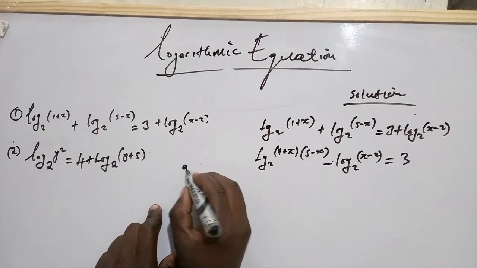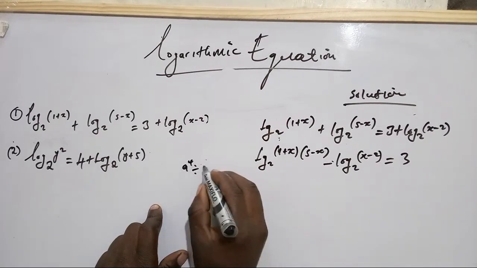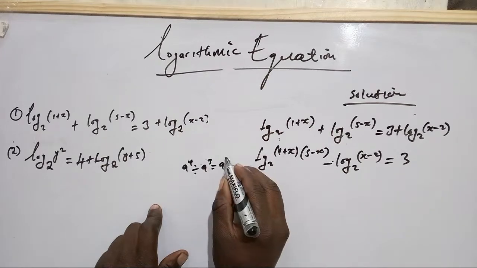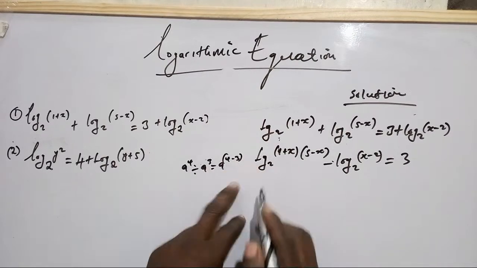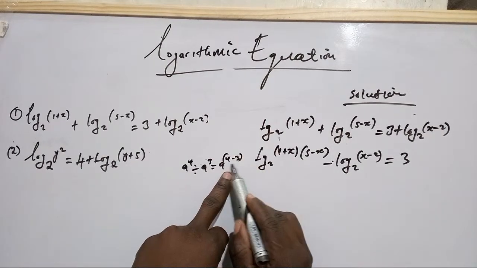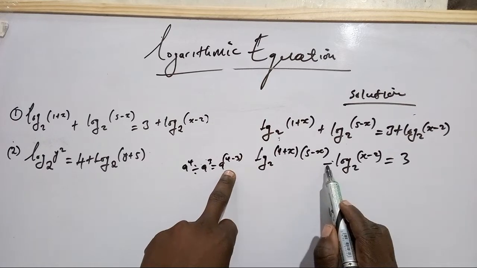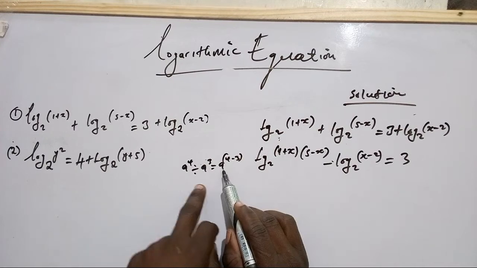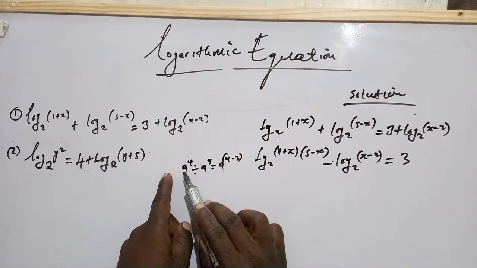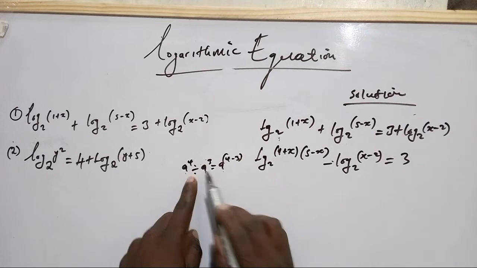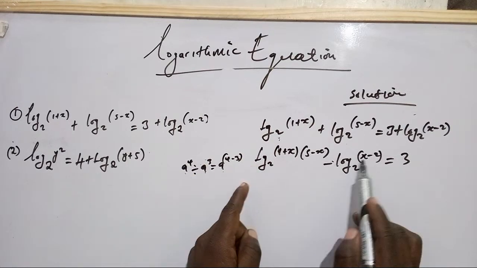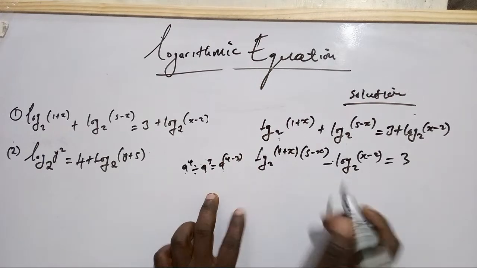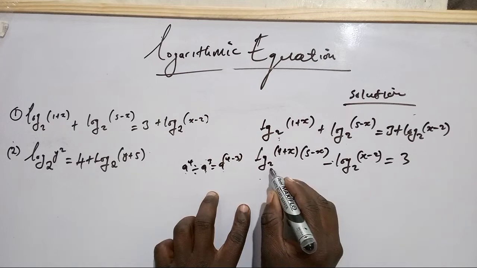If you have a^4 divided by a^3, this is equal to a^(4−3). In logarithmic equations, 4 minus 3 is in the base, and this one is the power. So we are going to divide this term by this one, and we only keep one base, one logarithm, because we have log₂.